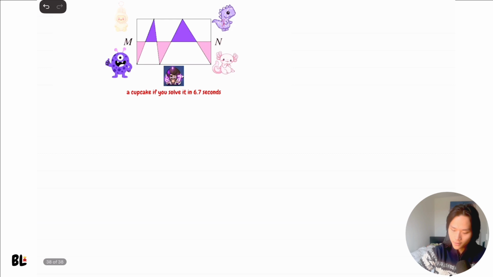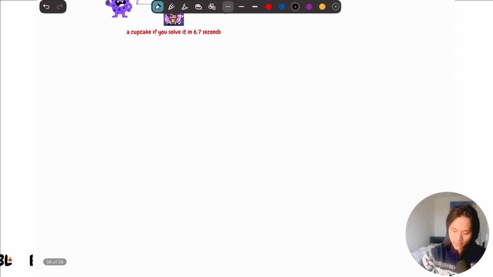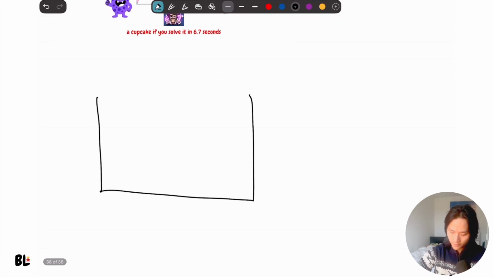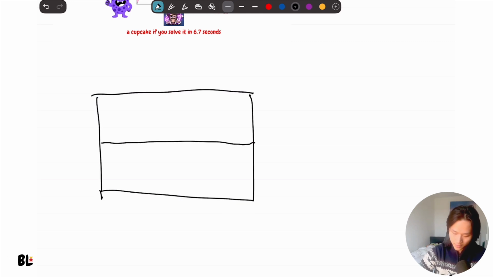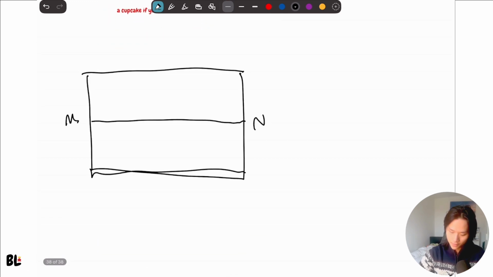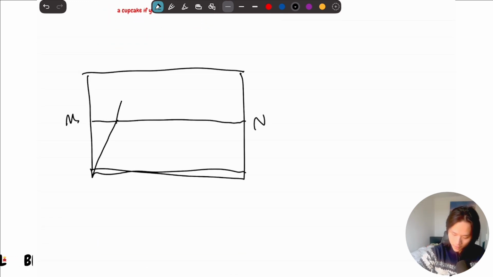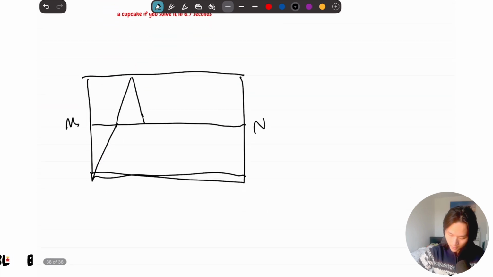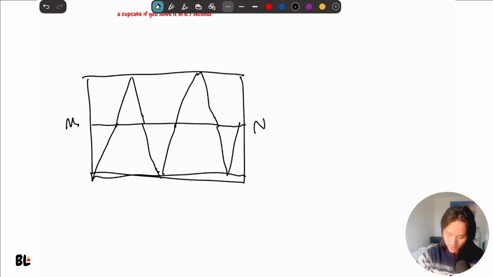So let's try and replicate the diagram again, just roughly. And then the middle, it's M, and then N. Okay, and then we have some triangles. So a triangle here, another triangle there, and then another triangle here, and then another triangle here, and then one last triangle.